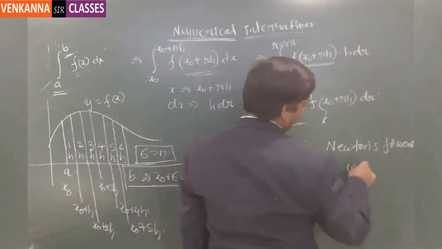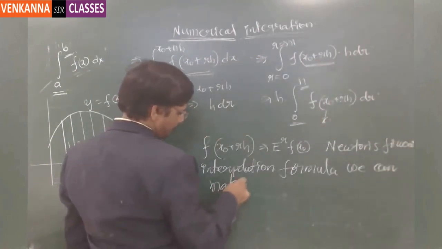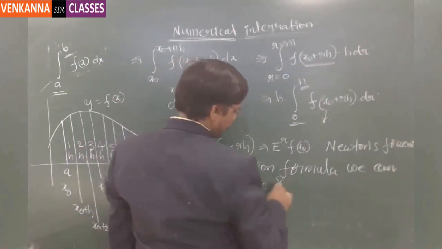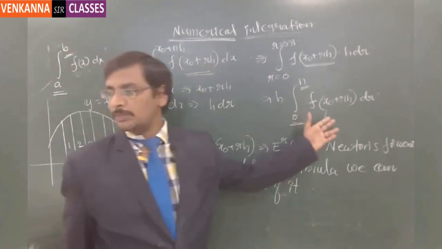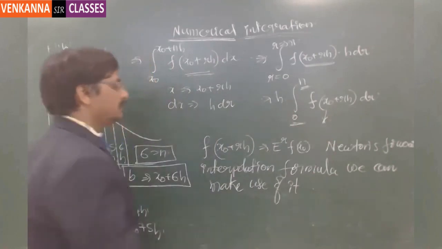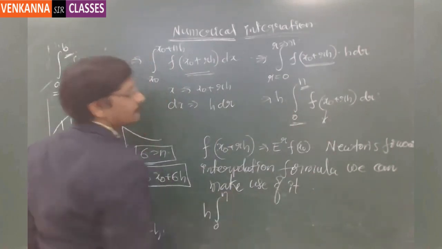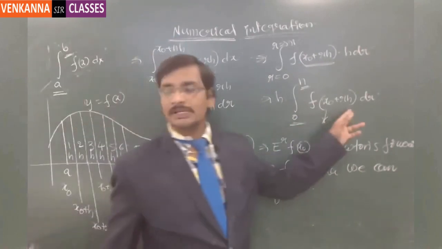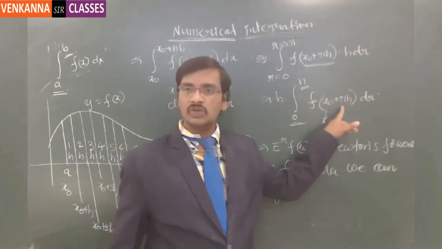We can make use of it. So if you use Newton's forward interpolation formula, then this can be expressed as h times integral 0 to n of f of x naught plus rh, which we have already expressed in terms of p there. Instead of r, it is going to be p there.